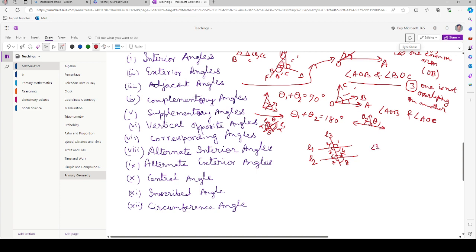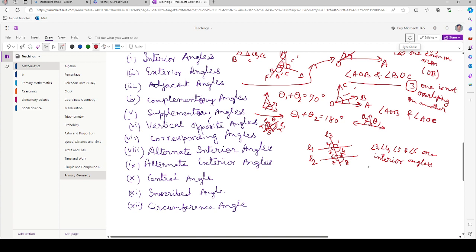First of all, angle 3, angle 4, angle 5, and angle 6 are interior angles, because they are situated in between two lines, L1 and L2.